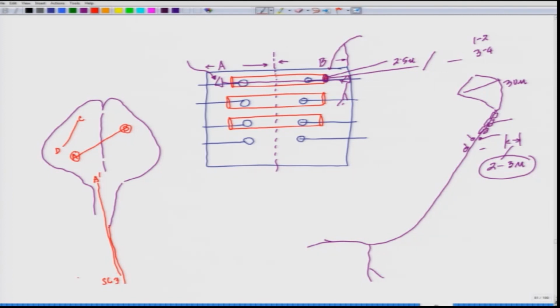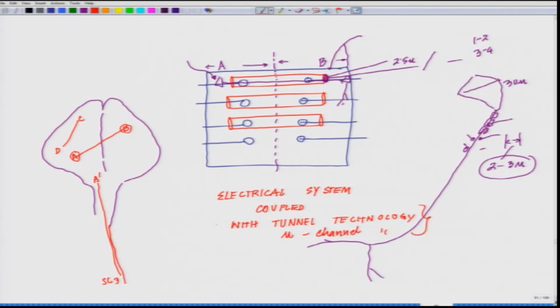You can study all these connectivities by using this electrical system coupled with a small tunnel technology, or microchannel technology, whichever way you feel comfortable to express it.